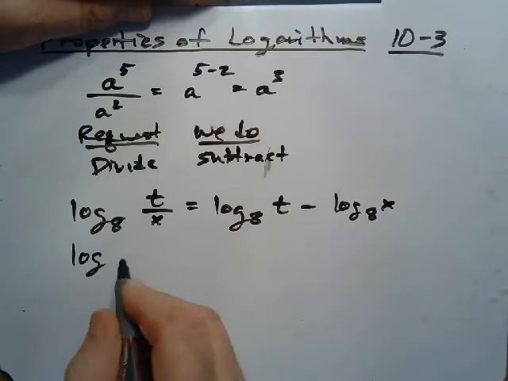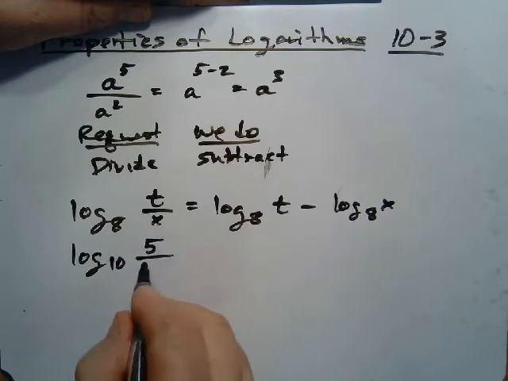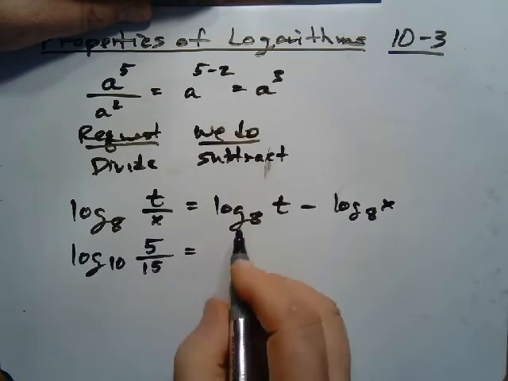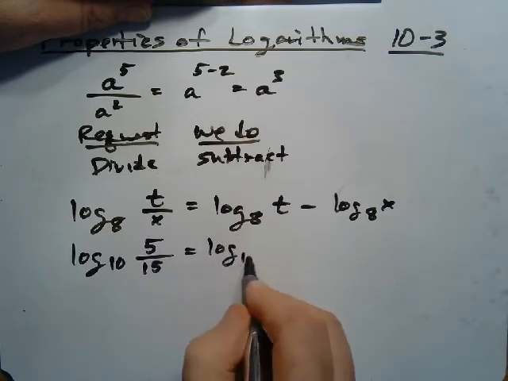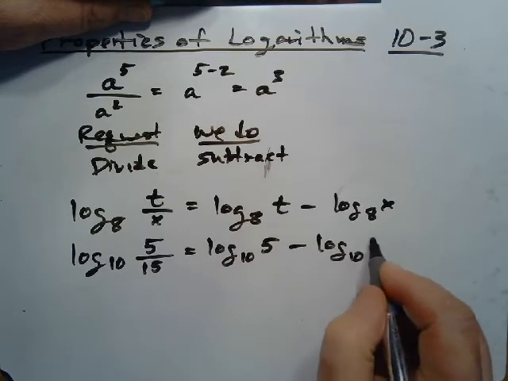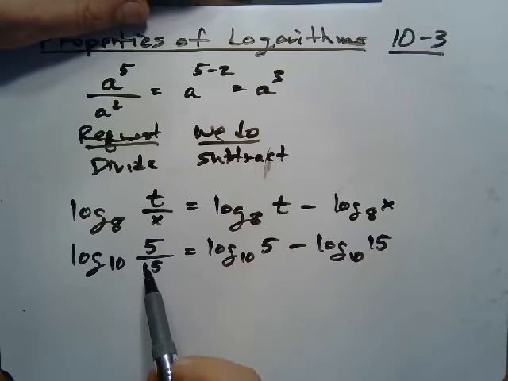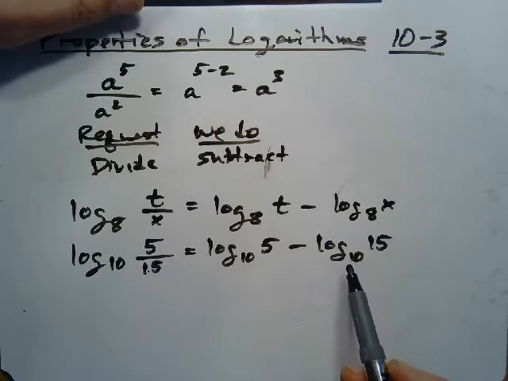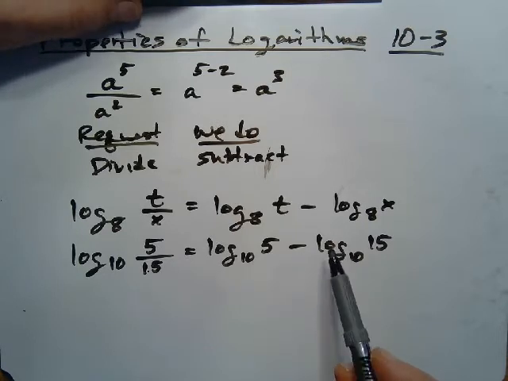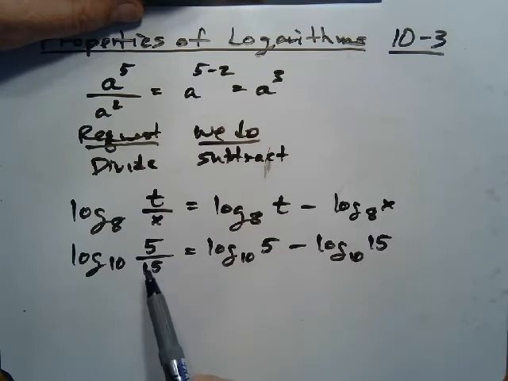Let's do another one. Log base 10 of 5 over 15 is equal to the log base 10 of 5 minus the log base 10 of 15. Again, if the request is to divide, we find ourselves subtracting. I hope you're beginning to see a pattern here: when we multiply, we add the exponents. When we divide, we subtract the exponents.